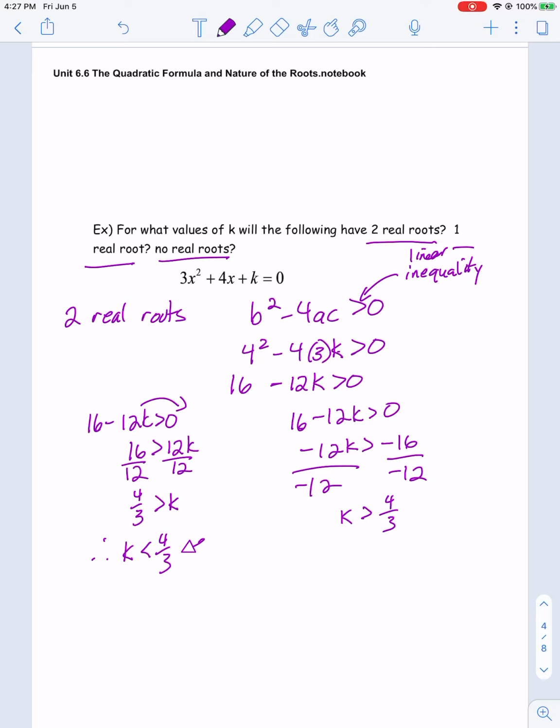Here's the only extra rule that makes it ever so slightly different from solving a linear equation.